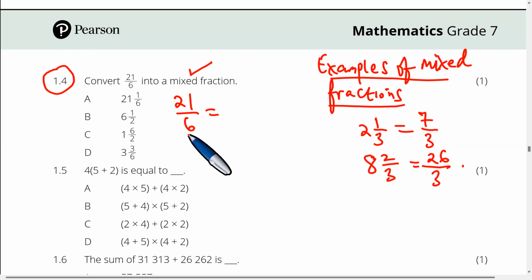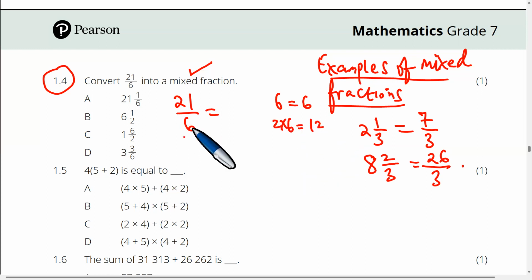First and foremost, we're going to ask how many times 6 goes into this. To get the correct answer, you start by saying 6 is equal to 6, then 2 times 6 is 12.